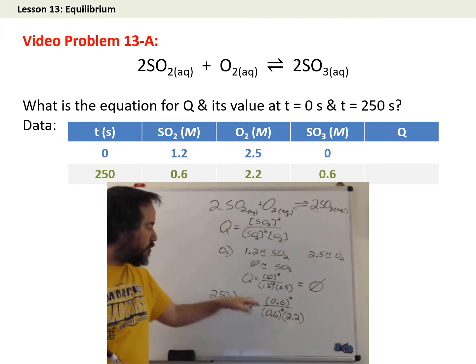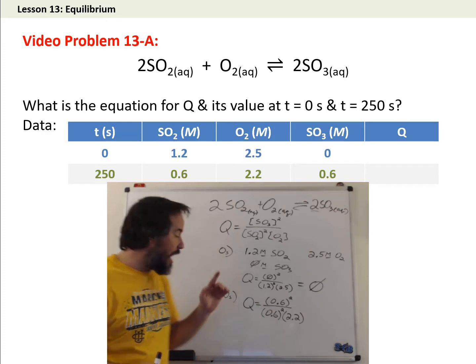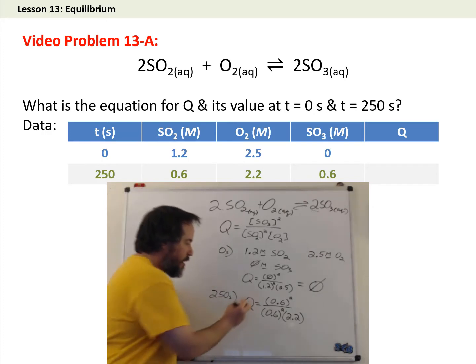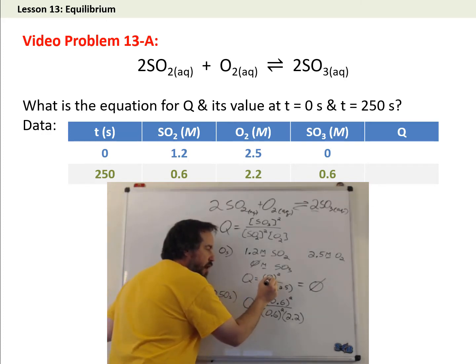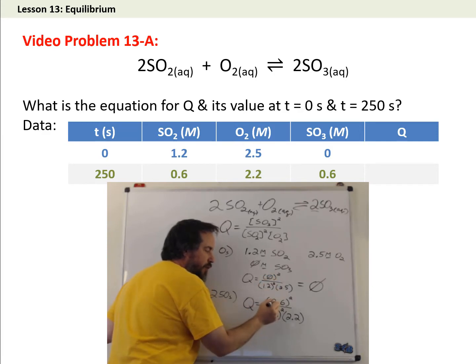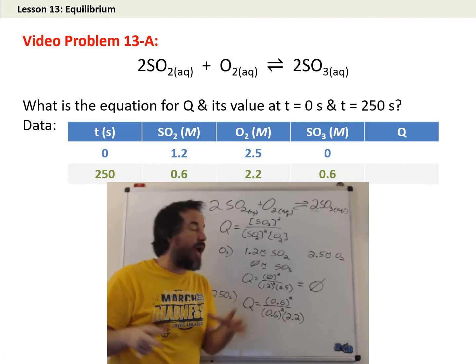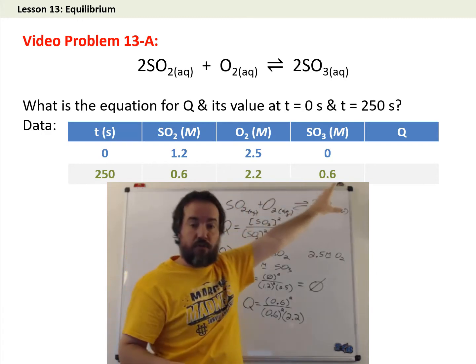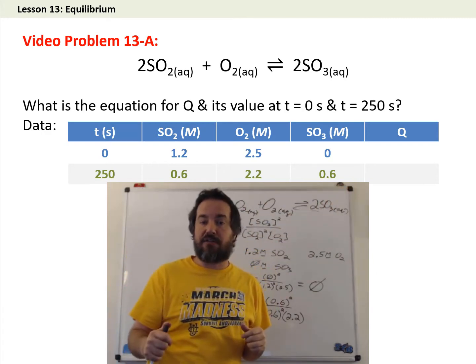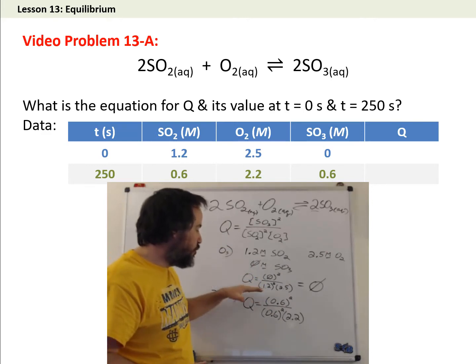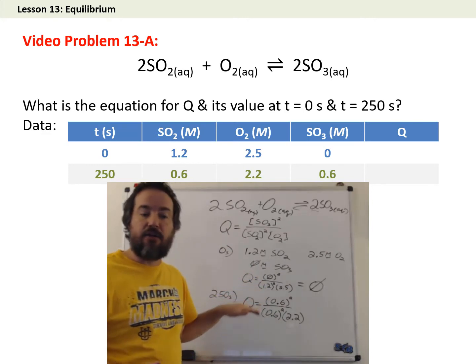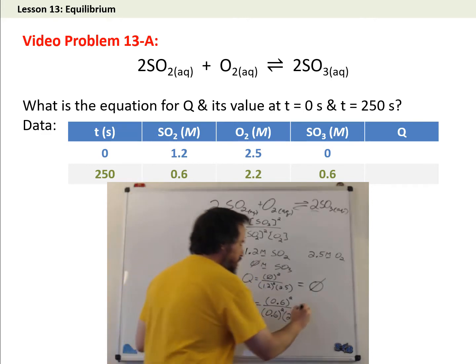So this has changed. Now, notice what's happened. My amount of product has increased, but the amount of reactant has decreased. That's because it's shifted from left to right. And based on the law of conservation of mass, if I gain product, I need to lose reactant. I'll show you this later on.